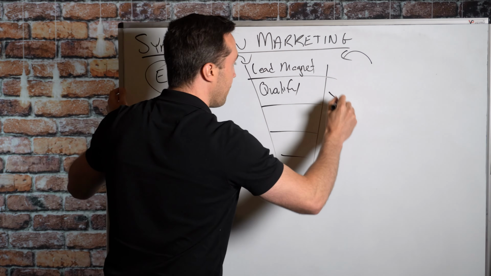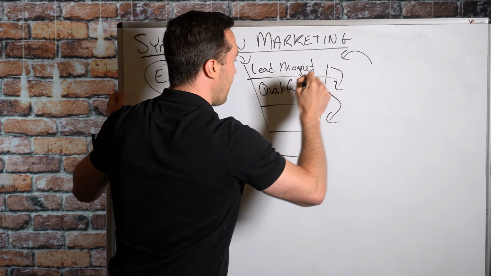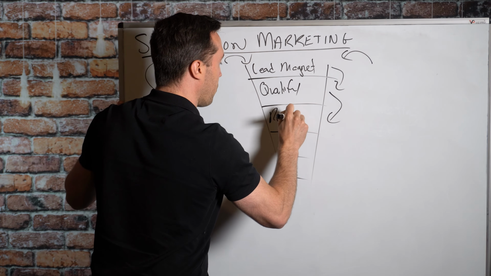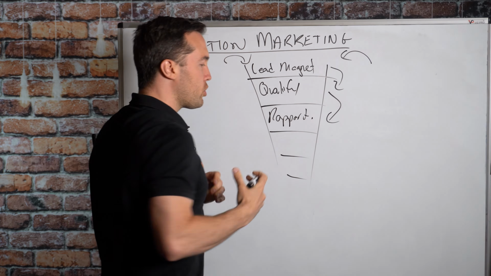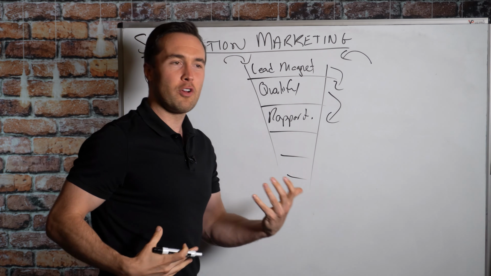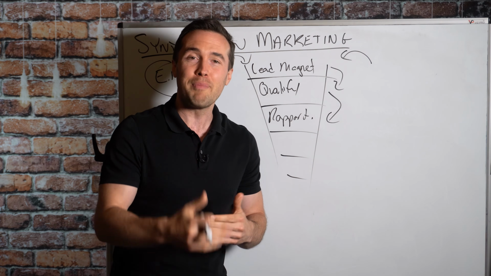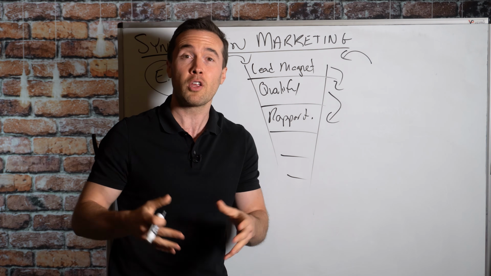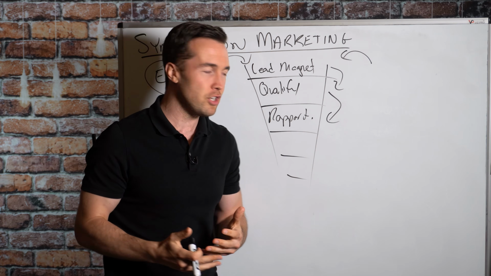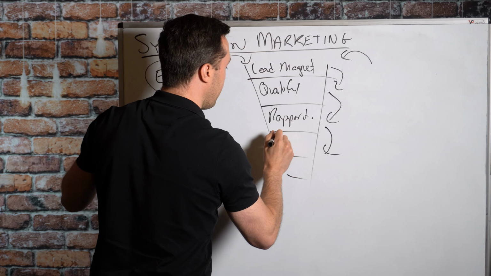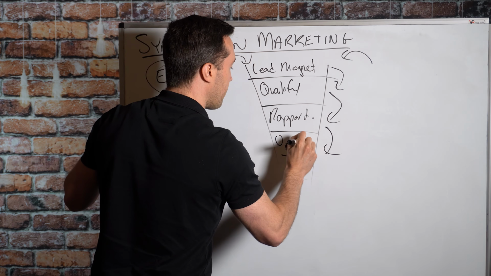So once you qualify them, we're going to move later on down the funnel, and we can call it rapport, where you're showing your expertise, telling them how you work, why you do certain things, showing past case studies. You're having conversations with them on an ongoing basis, really building that relationship. And it's all going to lead down to you presenting an opportunity.